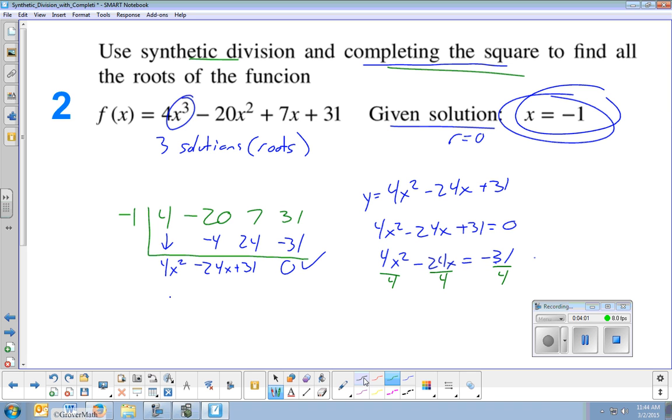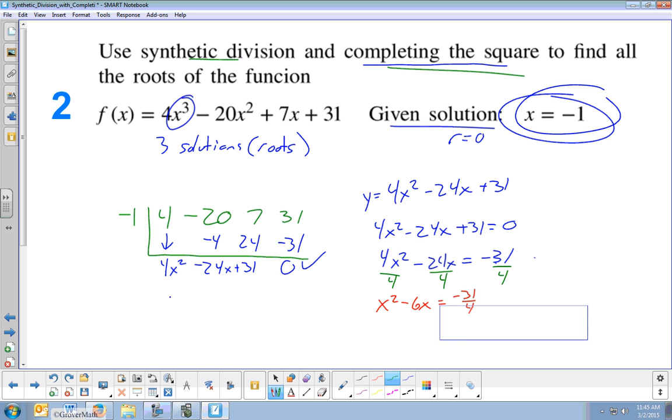It's tablets being a little weird today. So when we divide everything by 4, we're left with x squared minus 6x equals -31 over 4. And just trying to move this out of the way.